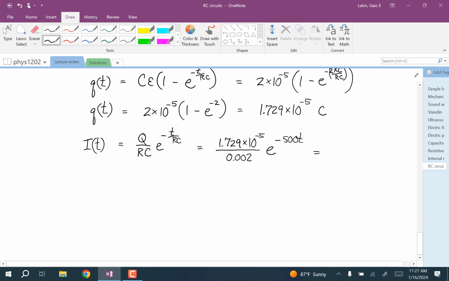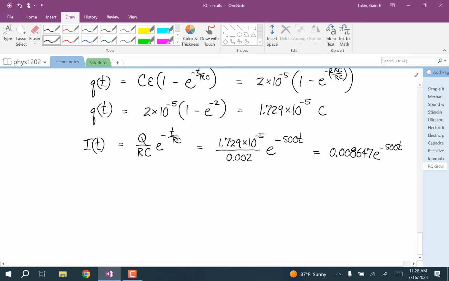And if I just figure out the coefficient, this comes out to be 0.008647 e to the negative 500t.